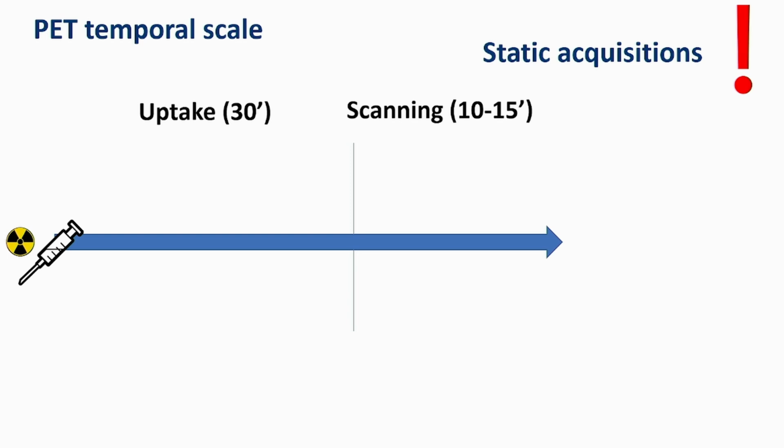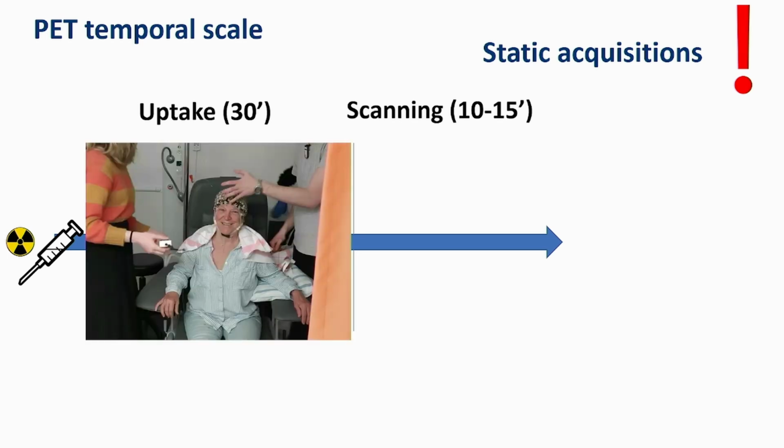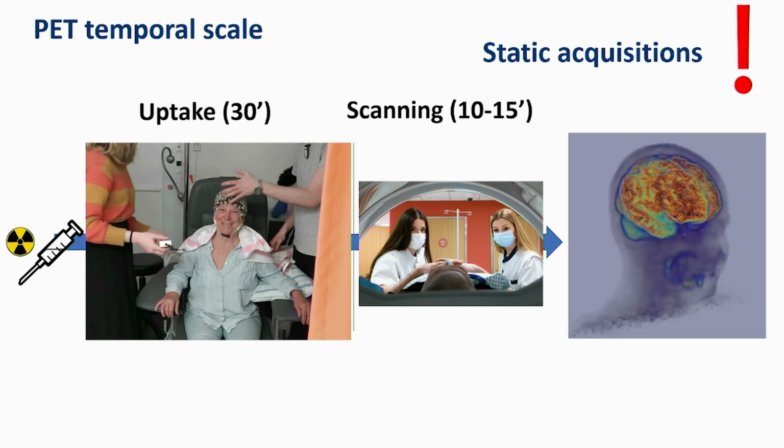So in a static acquisition, as I said, you have 30 minutes of uptake, for example for FDG, and then 10 minutes of scanning. And you get one image, and here is an example. So this image is an average, one single image, okay? There is no time here. It's one single image that is an average of what was measured in these 10 minutes.